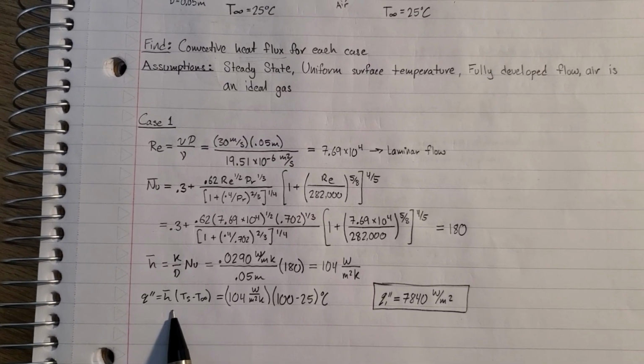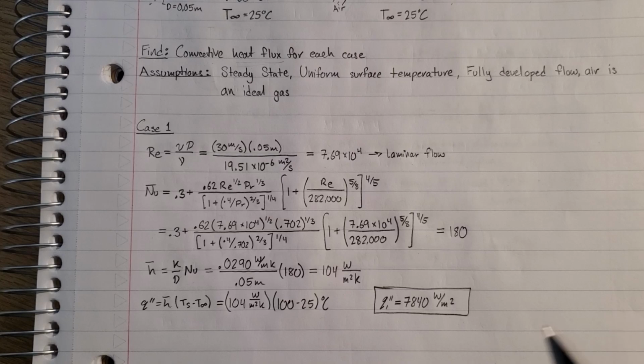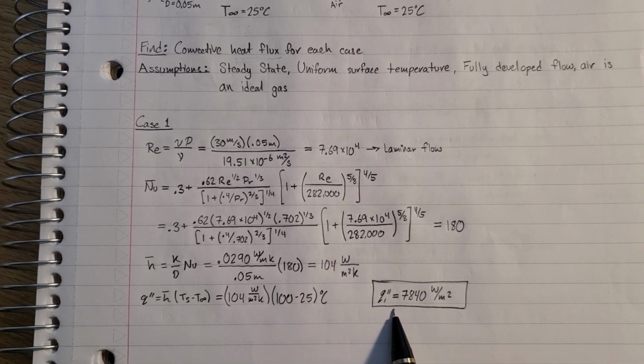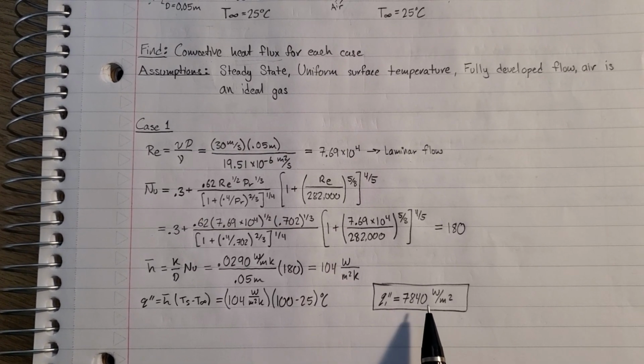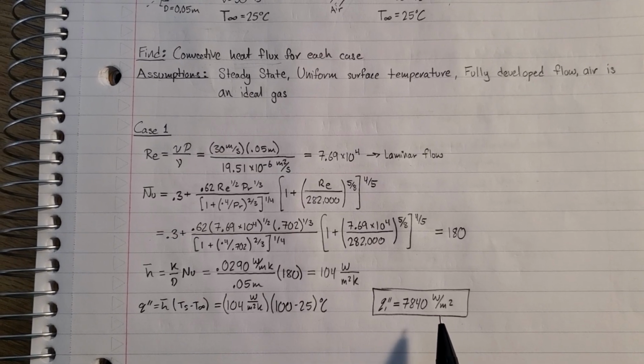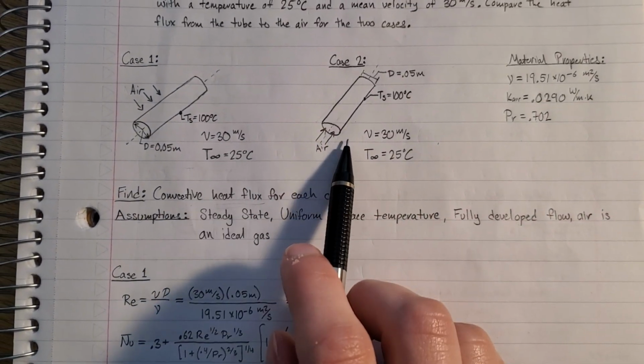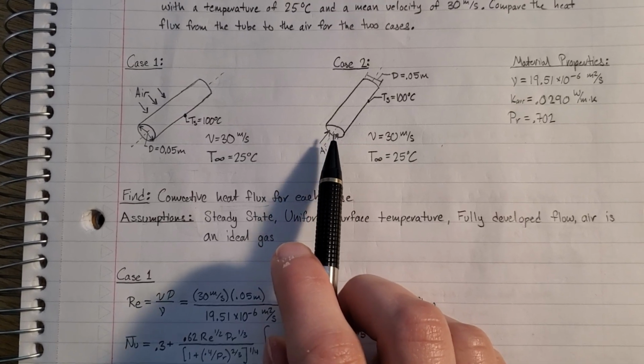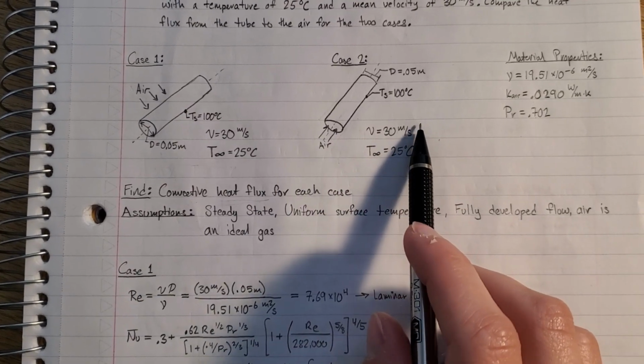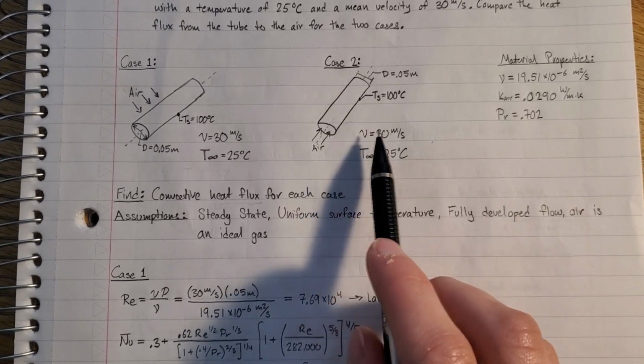After just a little multiplication, we have our heat flux for case 1 of 7,840 watts per meter squared. So we can go ahead and move on to case 2, which is internal convection, but with the same properties.